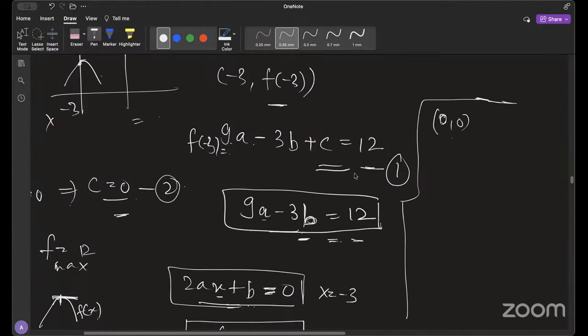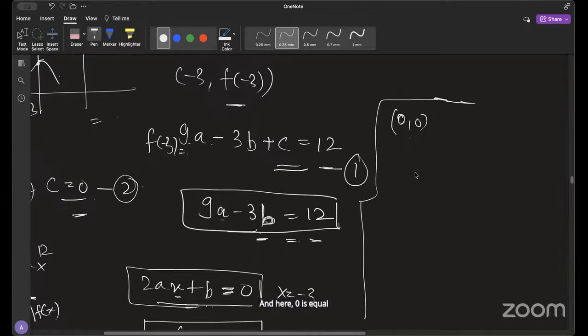So, ma'am, here 0 equals a(3) square plus 12, that is equal to 9a plus 12, if we have to find the value of a. I've numbered all the equations. Which equation are you talking about? Ma'am, in this equation only, 9a minus 3b equals 12.